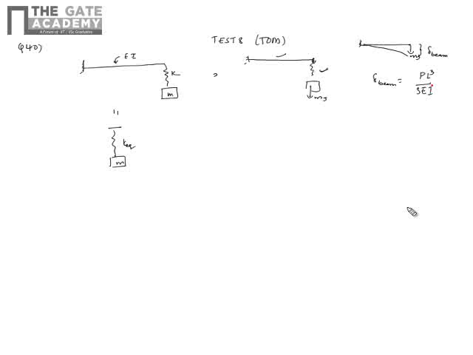This comes from a derivation in deflection of beams, SOM. Okay, so we'll take this. The load P acting at the end is mg. So mg L³ by 3EI is the deflection at the tip.